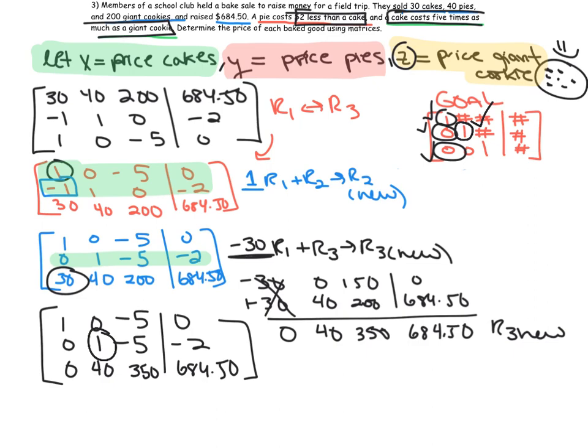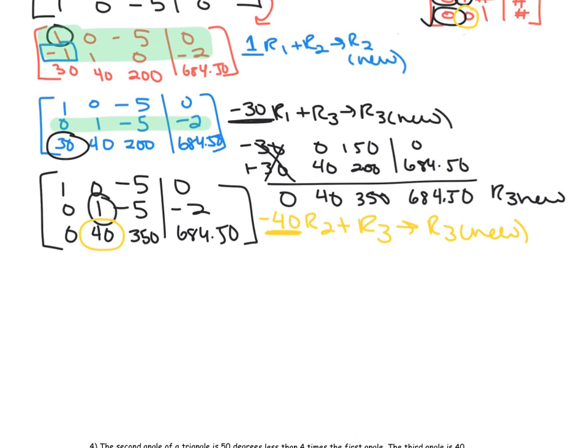Now, let's look at what we need to do next. All right, I want this 40 to become a 0. So the way we're going to turn this 40 into a 0 is I'm going to multiply the second row by negative 40 and add it to my third row to get my new third row. So let's do it. We're going to multiply the second row by negative 40, so let's write it out.